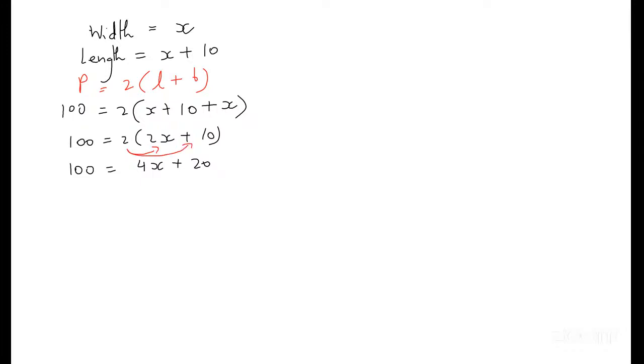Now take 20 to the other side. 100 minus 20 equals 4x. We are left with 80 equals 4x. So x will be 80 divided by 4.